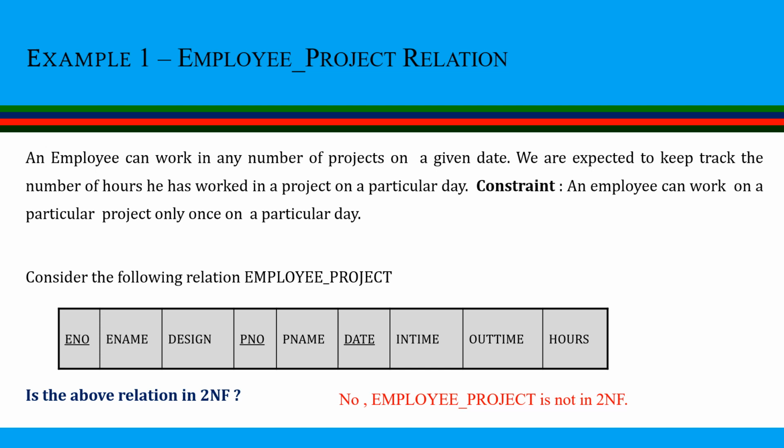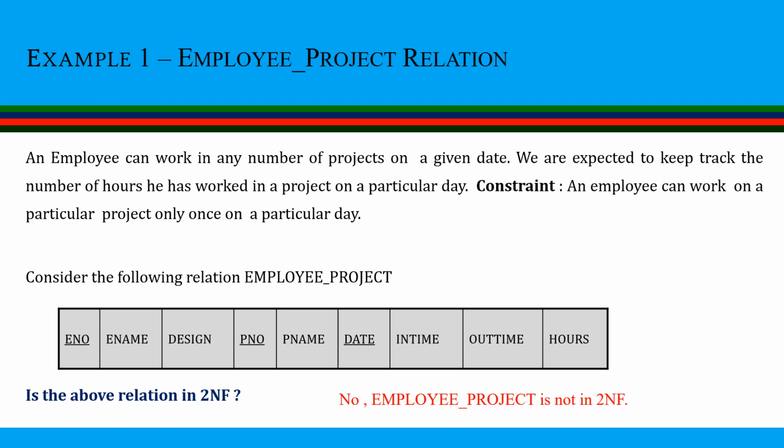Now let's discuss some examples. Employee project relation. An employee can work in any number of projects at a given time, and we are expected to keep track of the number of hours he has worked in a project on a particular day. The constraint here is an employee can work on a particular project only once on a particular day.